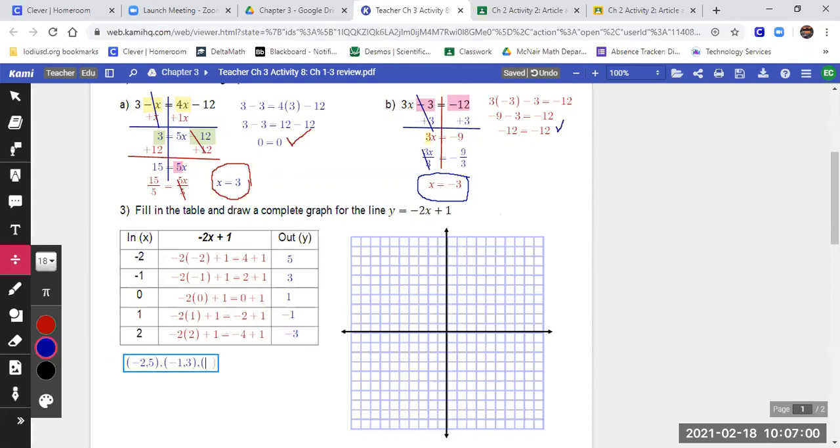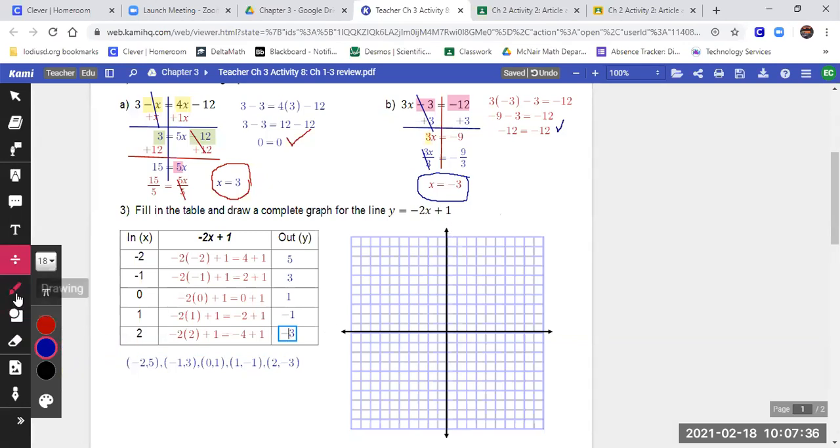All I'm doing is changing the table into the coordinates, because we need to use them for the graph. Those are my 5 points. When x was -2, y was 5. When x was -1, y is 3, and so on. So I just turned the table into the coordinates so I can go do my graph.